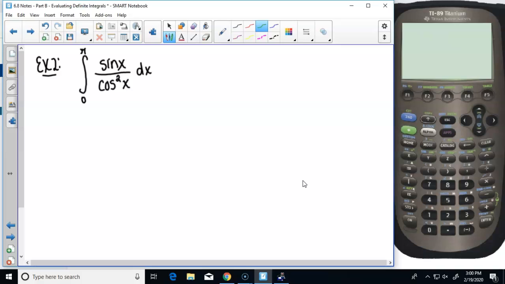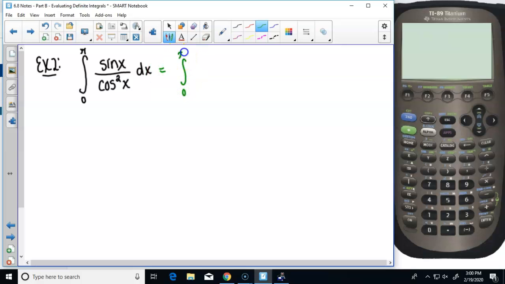We can't do a love connection or anything here because this is a totally different type of problem. As it is right now, we cannot integrate that. We definitely cannot integrate top and bottom separately. Even if we could, we cannot integrate cosine squared x because we don't know what that is. But what we can do for this one is write it this way.